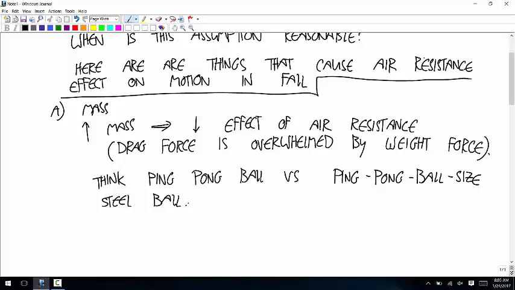If you drop both of those off the roof of a building, which one would hit the ground first? Yeah, right. It has more mass, and so air resistance is going to affect its fall less.